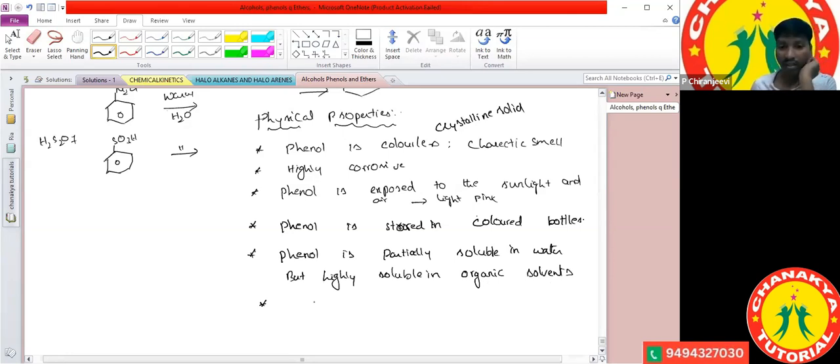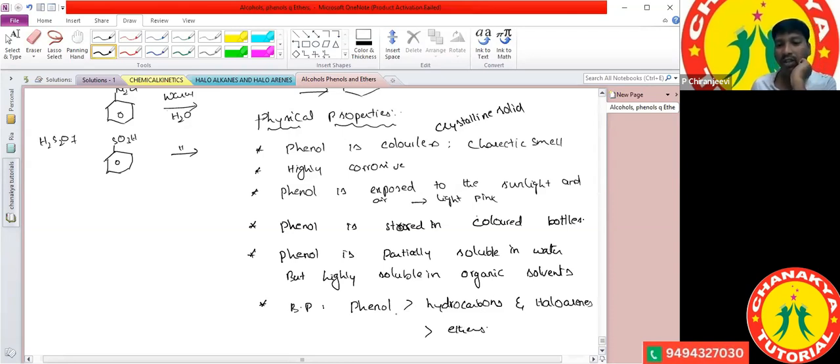The boiling point of phenol is greater than that of hydrocarbons, haloarenes and ethers.